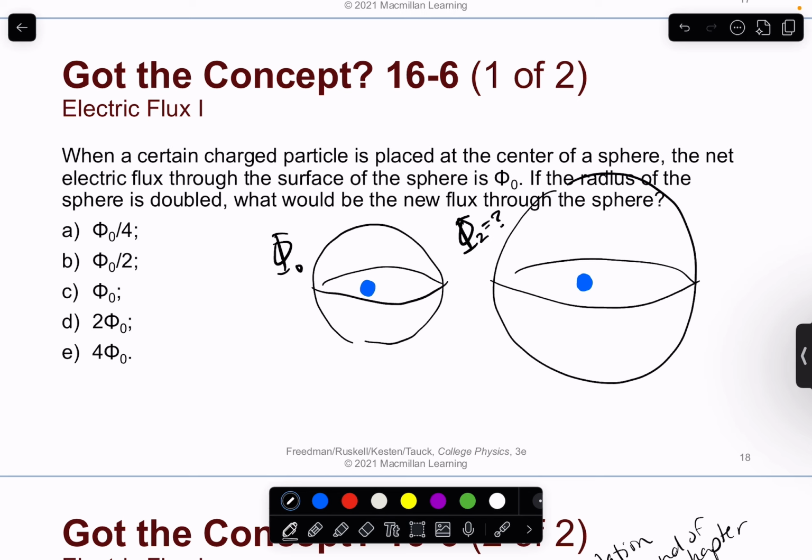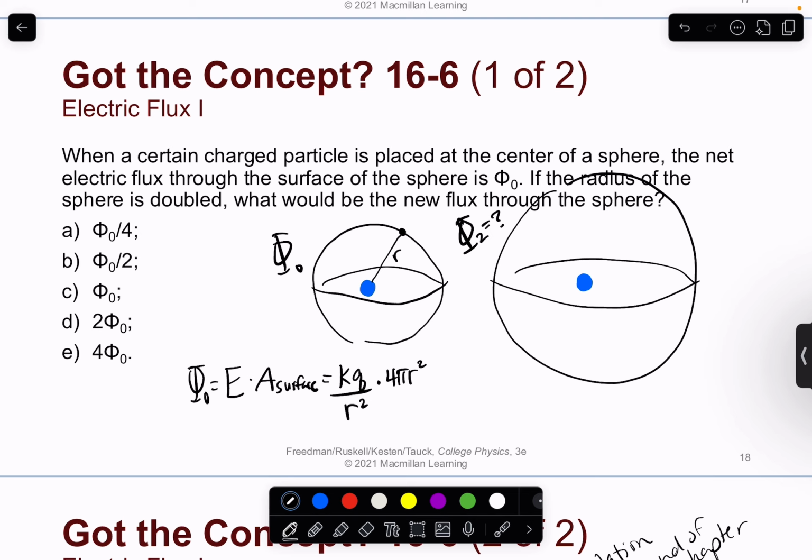Well, let's churn through it. We saw that the flux is equal to the electric field times the area of the surface. The electric field due to a point charge is KQ over the distance between the charge and that surface, which was just the radius of the sphere, R squared, times the area of the sphere, which we know to be 4 pi R squared.